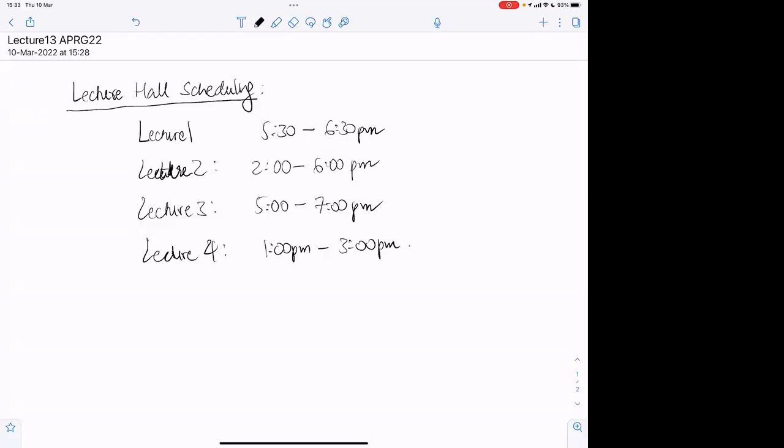Meaning the first lecture starts here, you give it lecture hall 1, and then take the next one to start, give it 2, and so on. So this is one way of doing it.